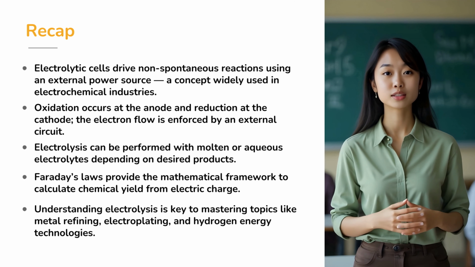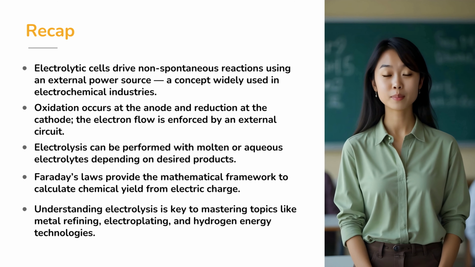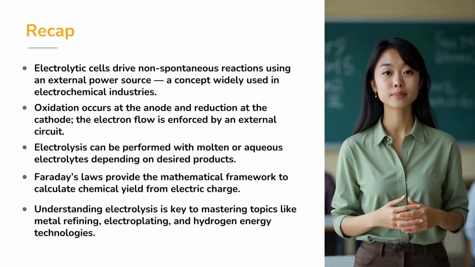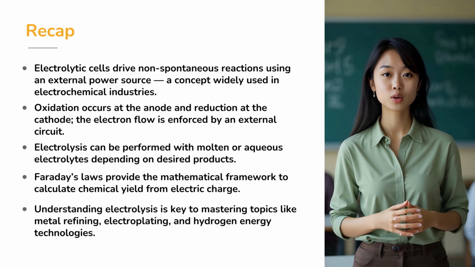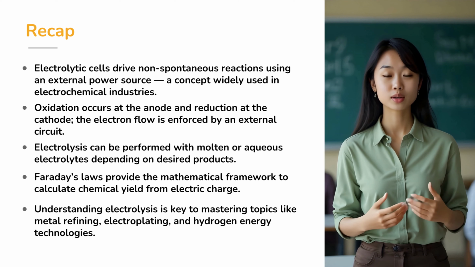Depending on the conditions, different products can form, like hydrogen gas, chlorine gas, or even sodium metal. Faraday's laws help us quantify electrolysis with precision, linking electricity to chemical yield. From metal extraction to hydrogen fuel, electrolysis is not just textbook chemistry, it powers the world.